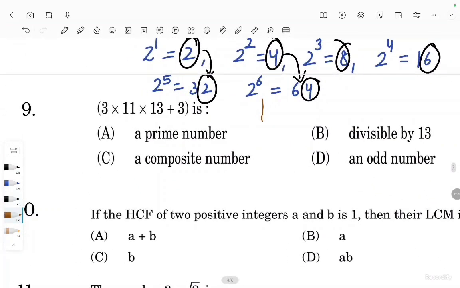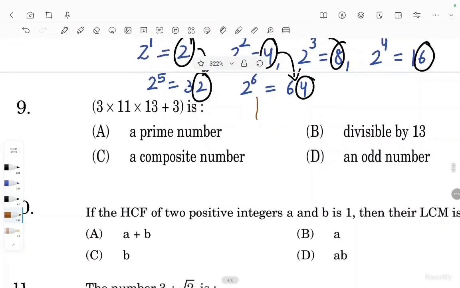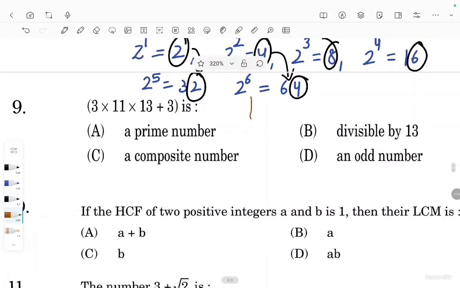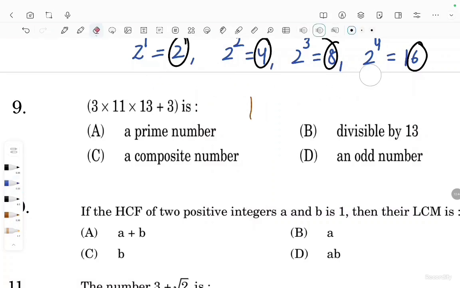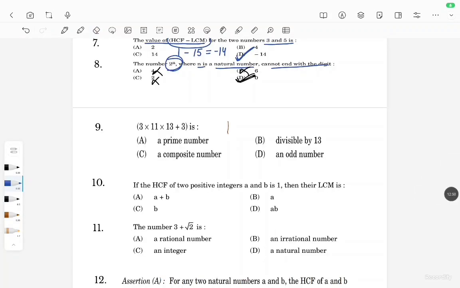Next, 3 into 13 into 11 plus 3 is a prime number, divisible by 3, a composite number, or an odd number. What will be the correct option? So next we have to solve it.